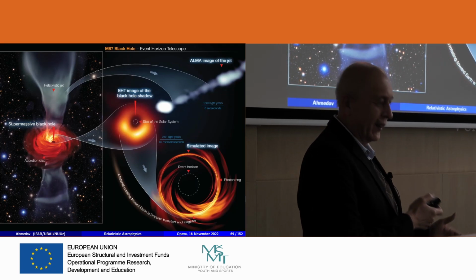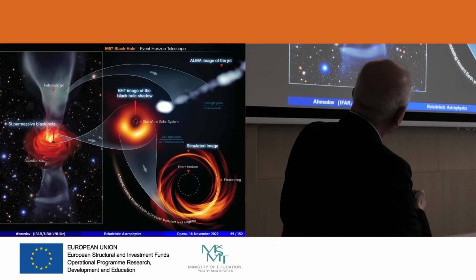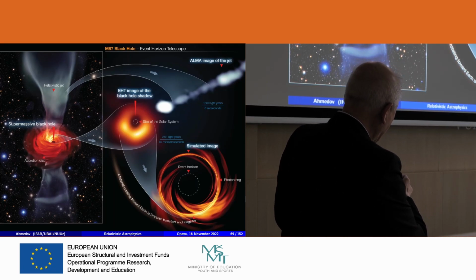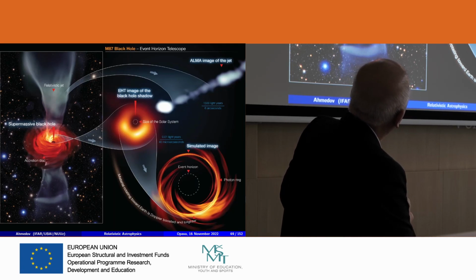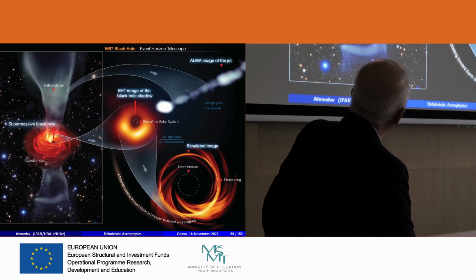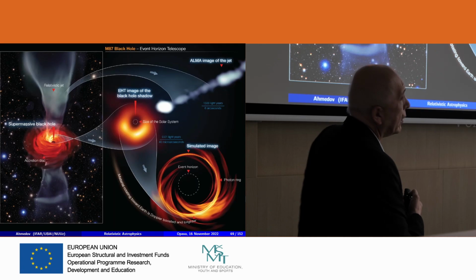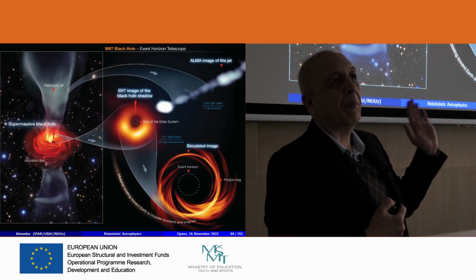The hole of the donut finally was detected. This is the hole of the donut, and what is interesting is that it is a very big object, but the center is comparable with the solar system. Here is the first image of the supermassive black hole.